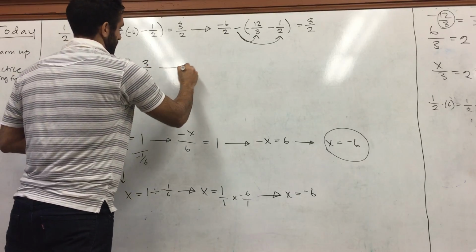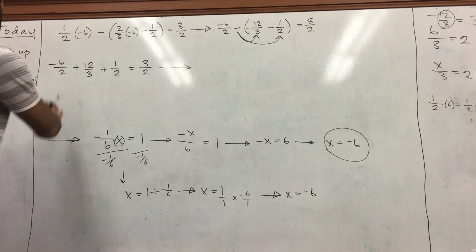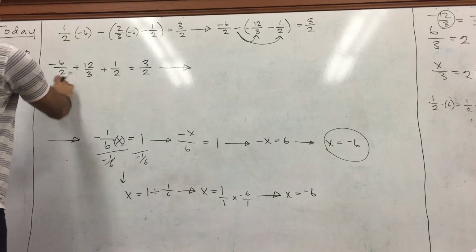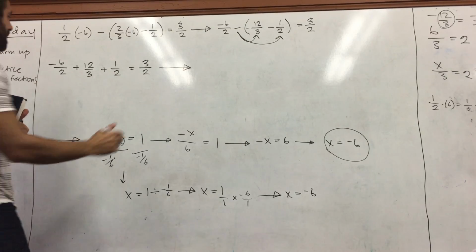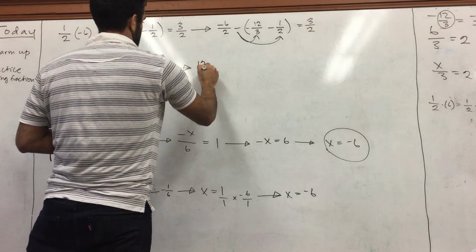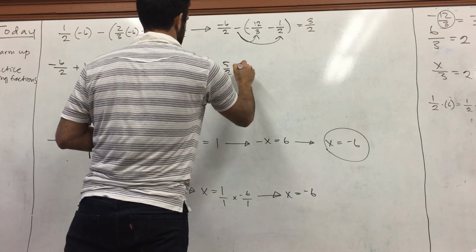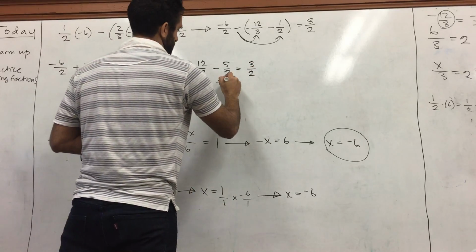Alright. Now we have three terms with the same denominator, right? We can combine these two. What's minus 6 plus 1? Minus 5. Minus 5 over 2 equals 3 over 2. Okay, now we can add this to both sides.